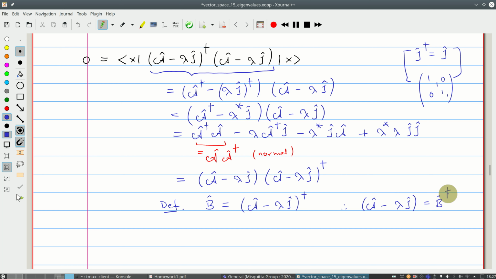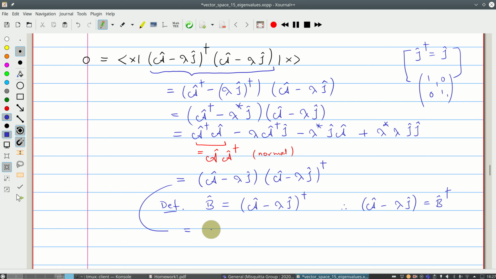Why? Because when you take the dagger of B, you will have a double dagger here, and that means you're complex conjugating twice, which means you remove the complex conjugation, and you're transposing twice, which means you flip the rows and columns once and then you flip them back again. So in other words, B dagger is equal to this part here.